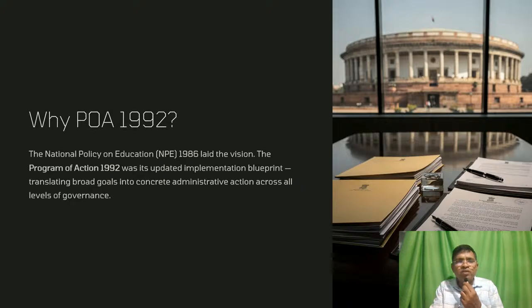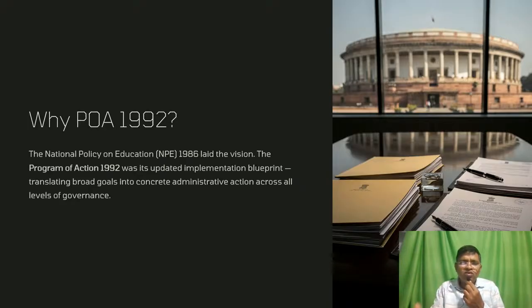It is the updated one, the implementation of the NPE 1986. It translates the goals into administrative action across all the levels of governance in education. So this is important.